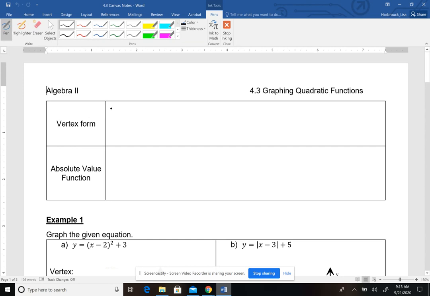Vertex form is the function for a parabola. So this is going to be a U-shaped graph.